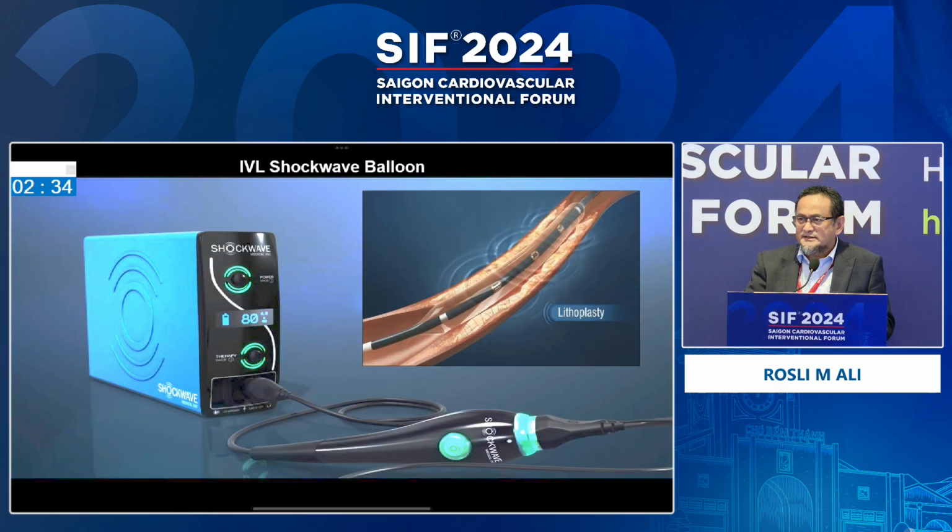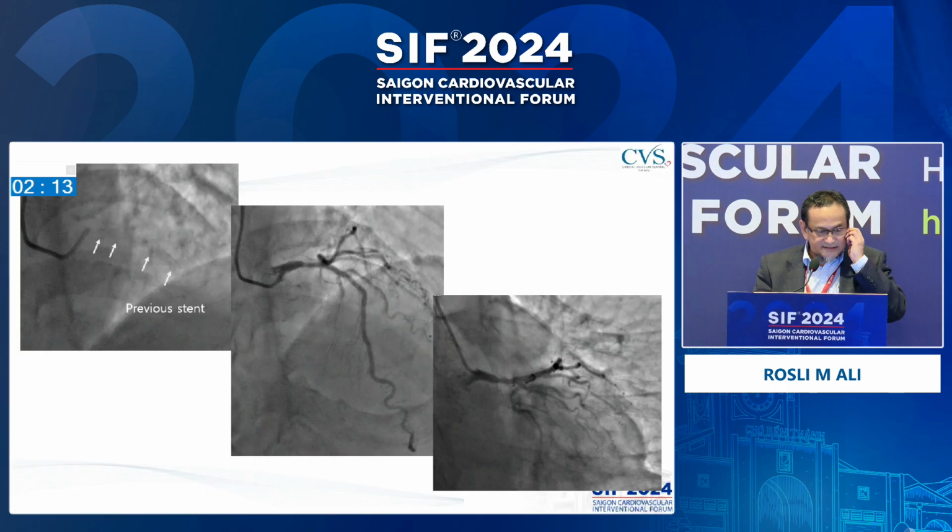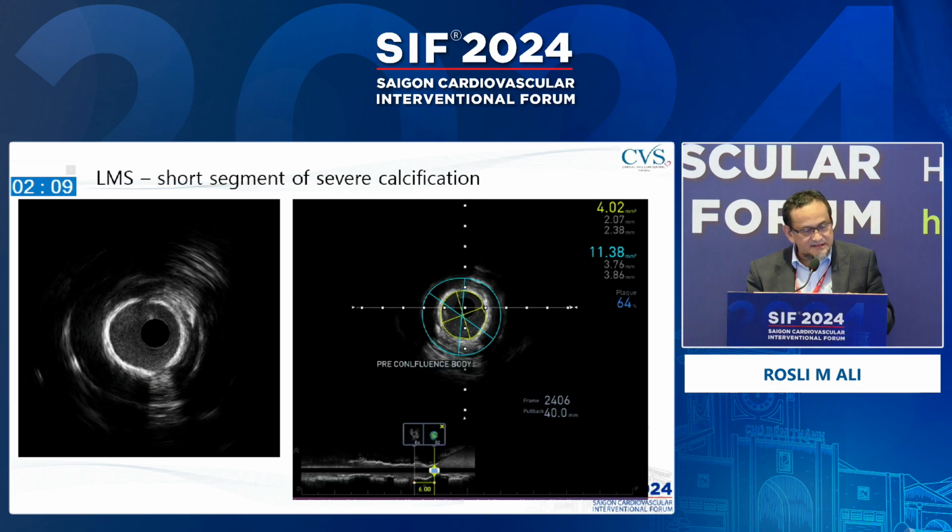Shockwave is something that has also made life easier, and the intervention is like a balloon. The only thing is that it is connected to a machine outside. This is an old device that can give 80 pulses. The new ones can give 120, and you have the ones coming out from China trying to compete in the space. This is an example of a patient with a significantly stenosed left main stem, and IVUS showed only about 4 mm squared.